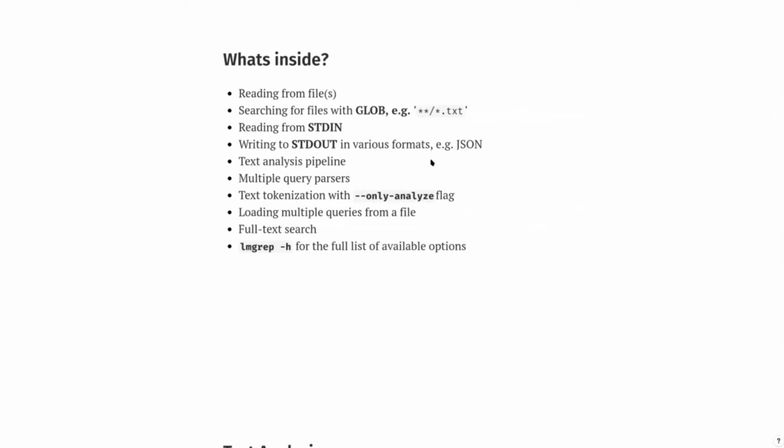So what's inside the Lucene-grep anyway? What are the building blocks there? As with grep, it knows how to read from files. It knows how to search for files with the glob pattern.